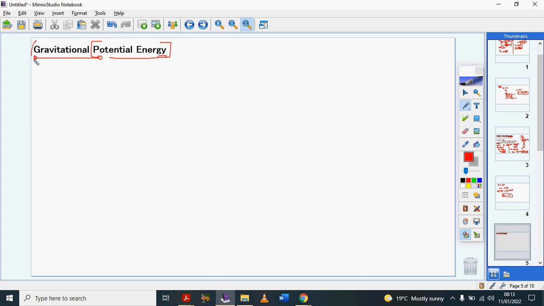Now gravitational potential energy is work that is likely to be done by the force of gravity. We know the force of gravity is equal to G m1 m2 divided by the distance between the objects squared, or simply at the surface of the earth, the force of gravity is just mg. So this is the force that has potential to do work. Work done by gravity, or gravitational potential energy, is going to be F of gravity multiplied by distance.